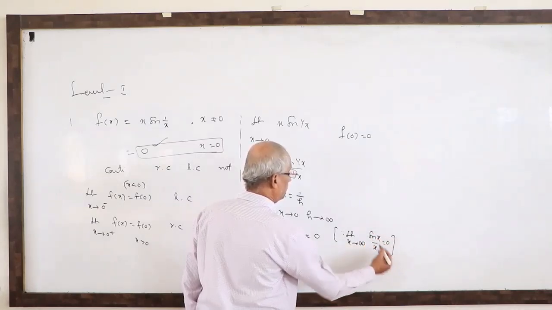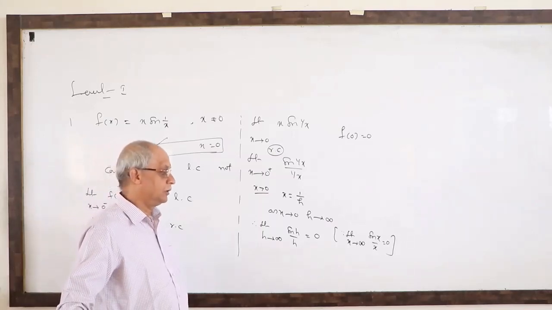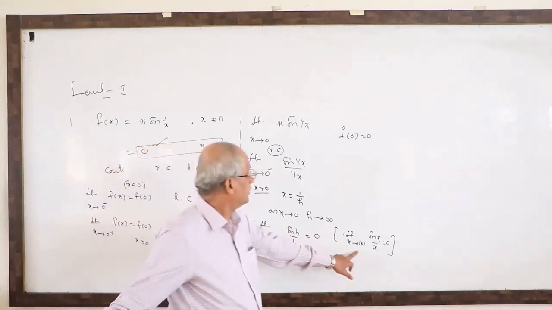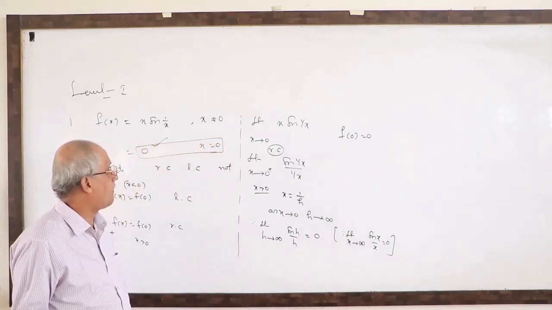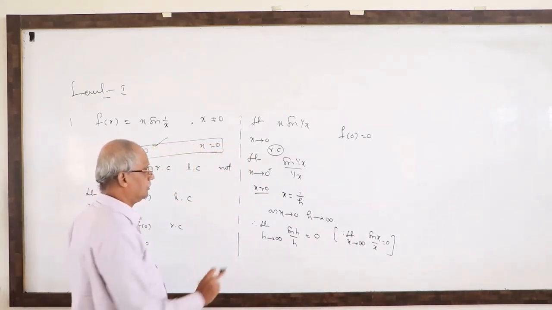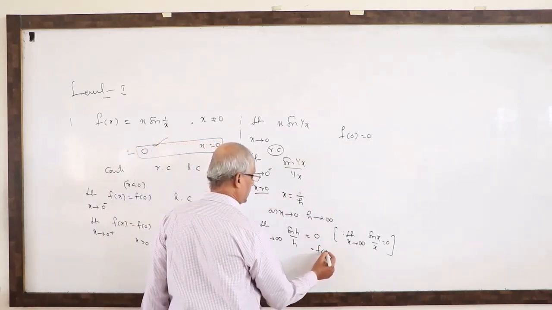That is one very different result. x tends to 0 means then it is 1. That is why, when we got this answer 0, which is same as f of 0, therefore it is right continuous.